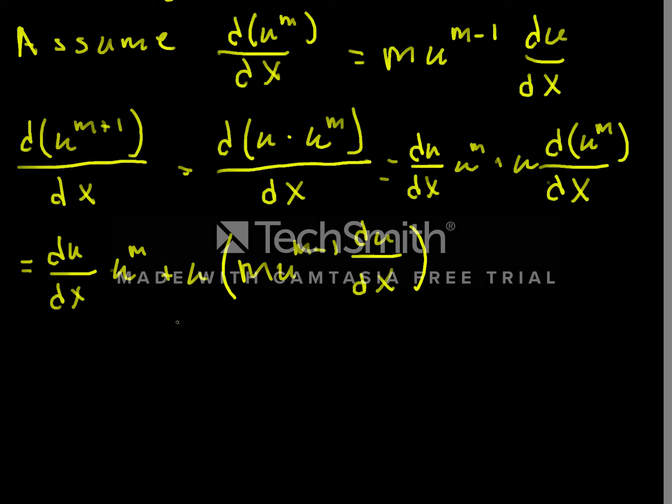And so we have m plus 1 times u to the m du/dx. And so we've shown by our algorithm that we can always get the next power's derivative if we know the previous one, and we've shown we can do it for 1, 2, 3, and 4. So now this is enough to hopefully convince you, and definitely convinces a mathematician, that this is a valid rule for dealing with powers, at least positive powers.